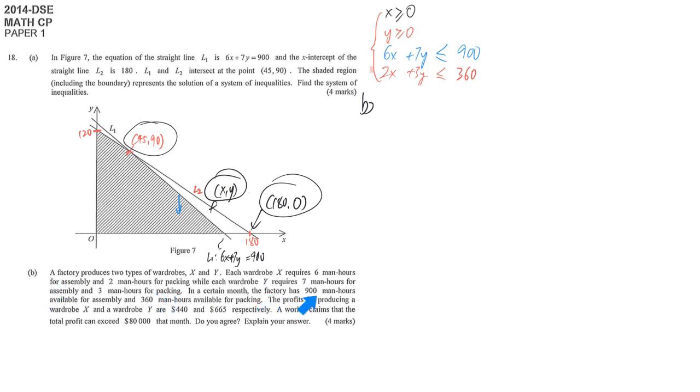Now they say that there are 900 man-hours available for assembly, 360 man-hours for packing. So finally, they say that the profit of producing this is this amount and this amount. So we are asking for the total profit. It comes from two sections. The first section is from here to here, which is about the constraint.